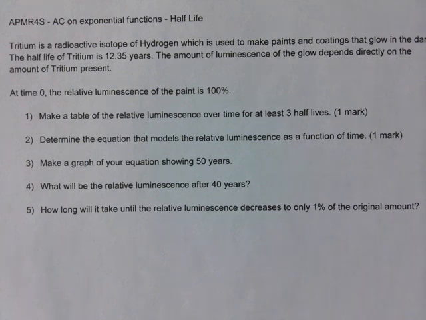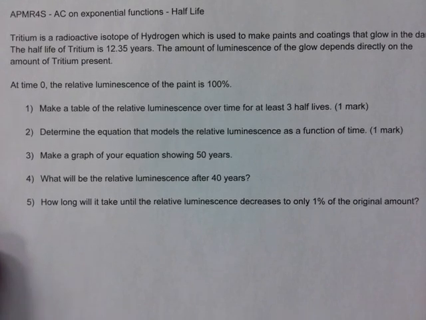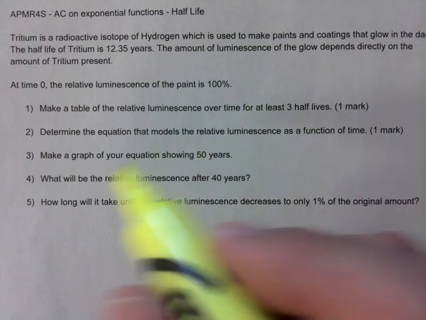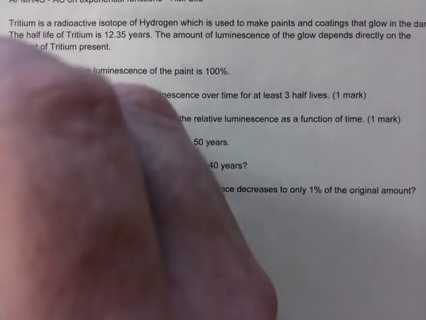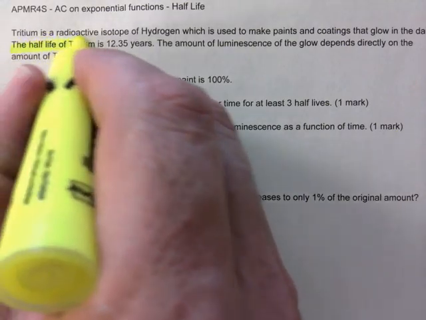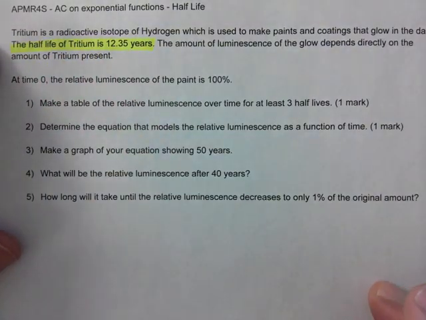Anybody recognize this question? I think it was in the notes from the booklet, at least. All right. So a radioactive isotope of hydrogen that is used to make paints that glow in the dark has a half-life. The half-life of tritium is 12.35 years.